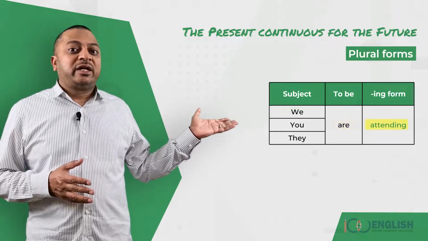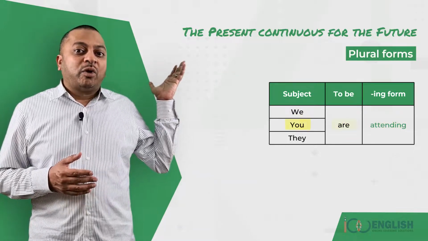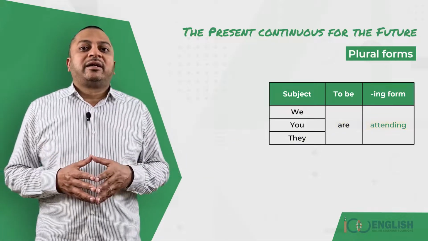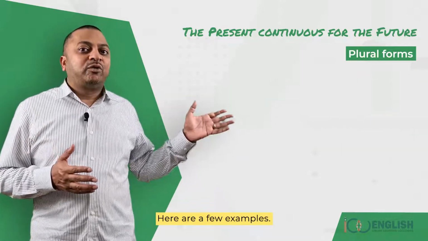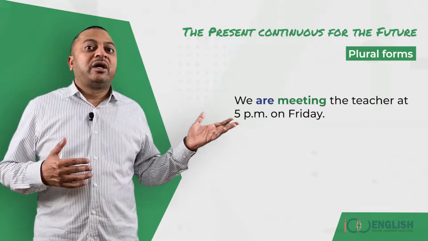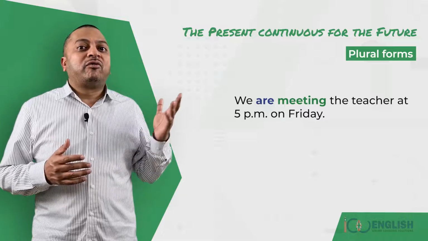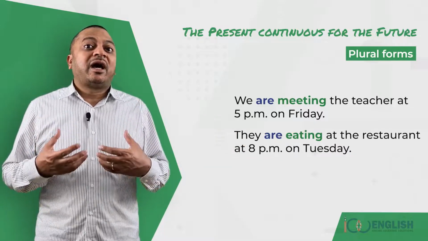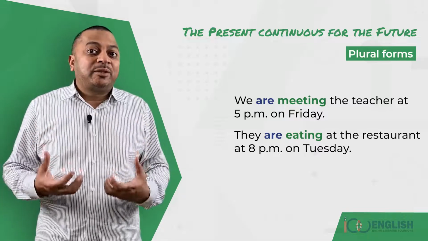We are attending. You are attending. They are attending. Here are a few examples. We are meeting the teacher at 5 p.m. on Friday. They are eating at the restaurant at 8 p.m. on Tuesday.